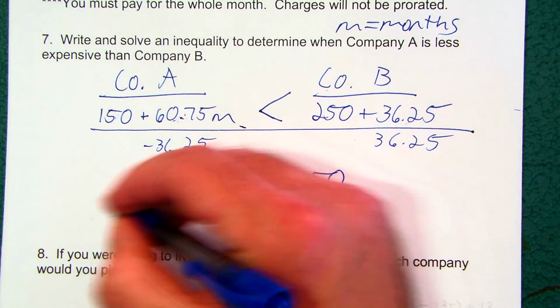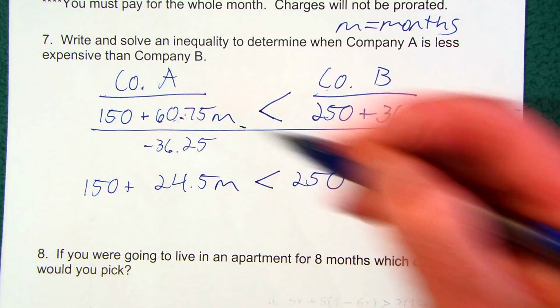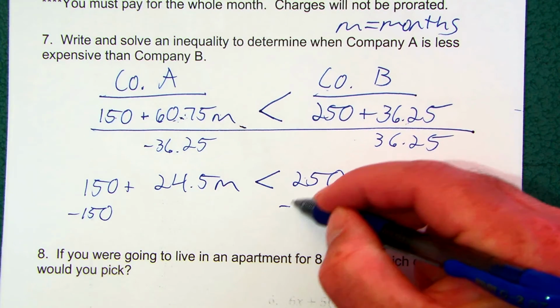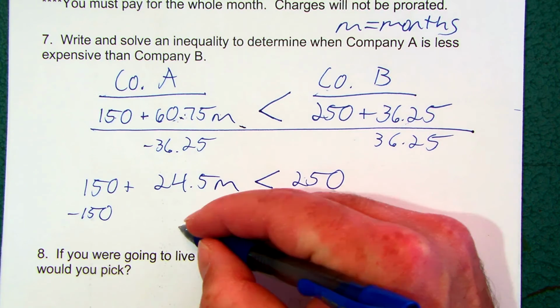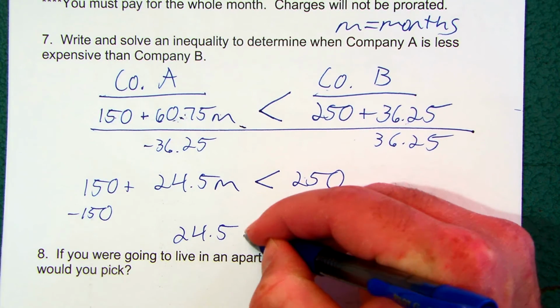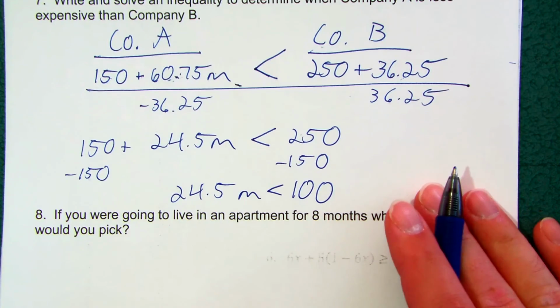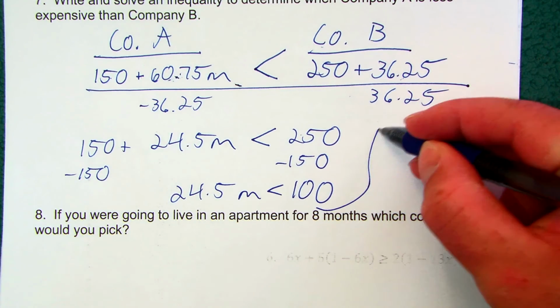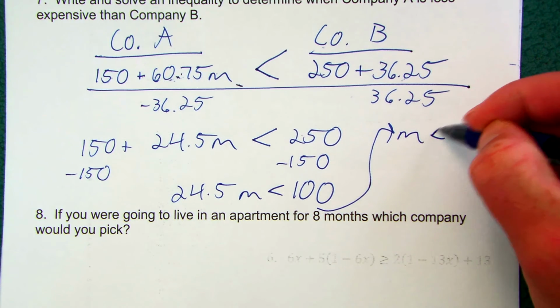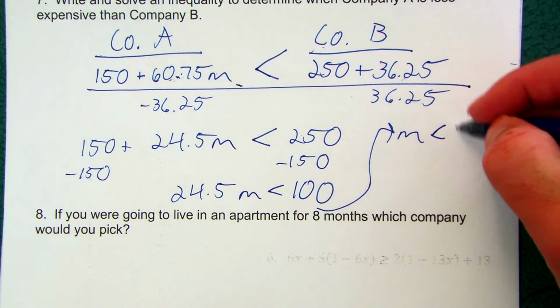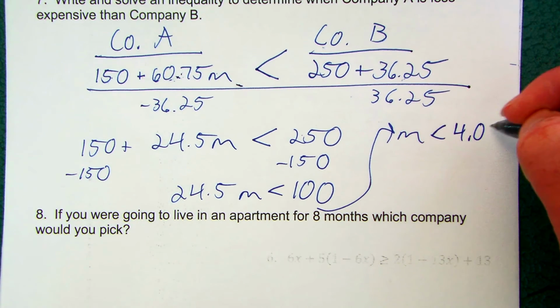So I got the 150 over here. So I'm going to subtract 150 next from both sides. So I get 24.5 M is less than 100. So M is less than 100 divided by 24.5 comes out to about 4.08.